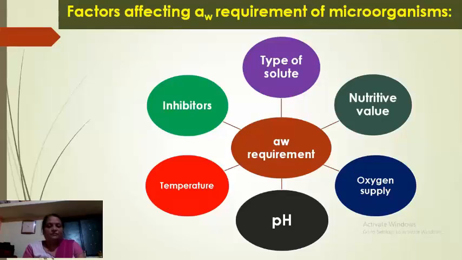Nutritive value: the more nutritionally rich the food, the lower the AW the organisms can tolerate. If the food is nutritionally poor, they will require more moisture for their growth.